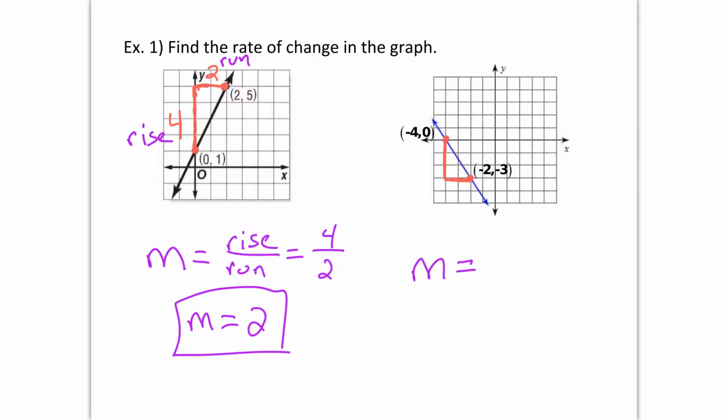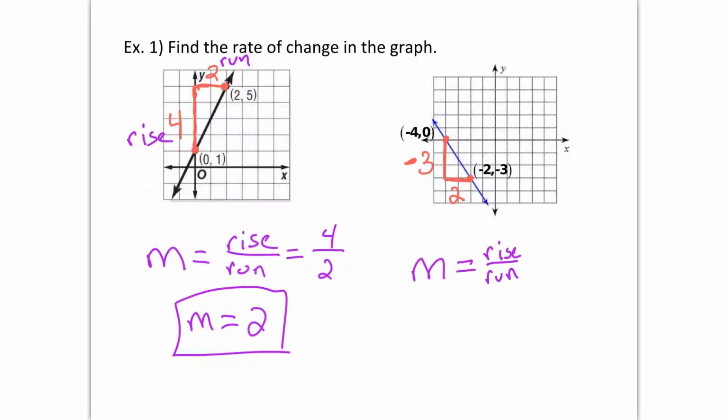So let's look at the ones that you go down. From the point up here, 1 step, 2 steps, 3 steps, or you can say 3 units. Now, you went down. When the rise is down, that's going to be negative steps, so you have -3. And when you go to the right, 1 step, 2 steps, that's going to be 2. So I'm going to set up my fraction once again, rise over run.